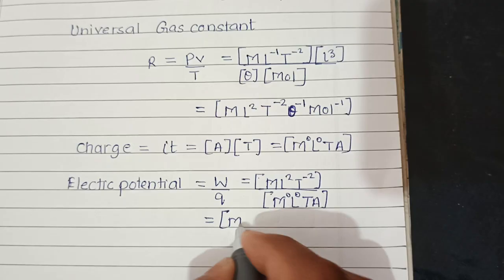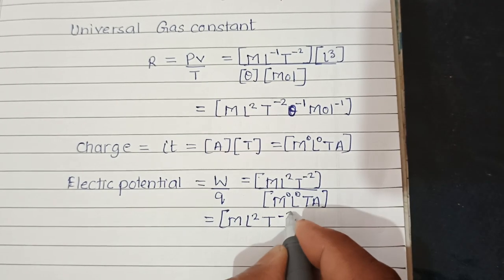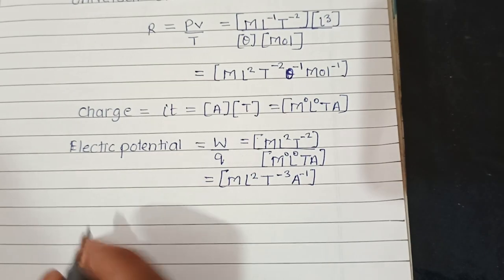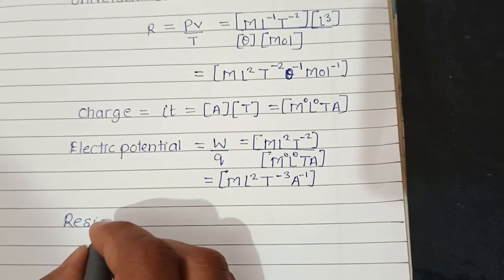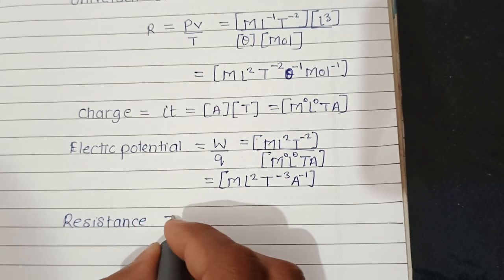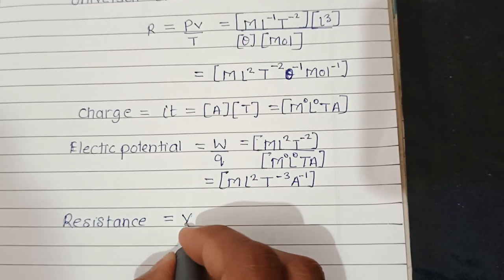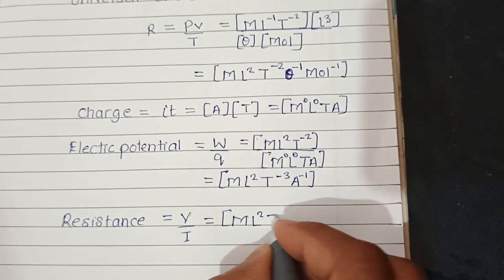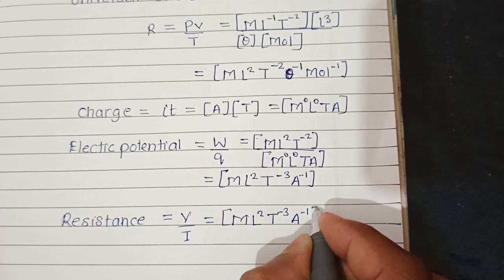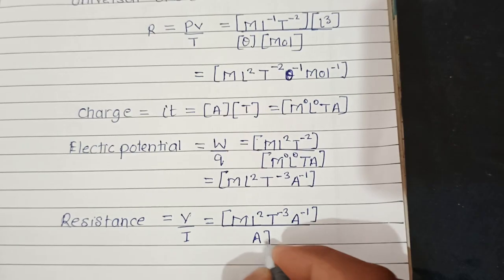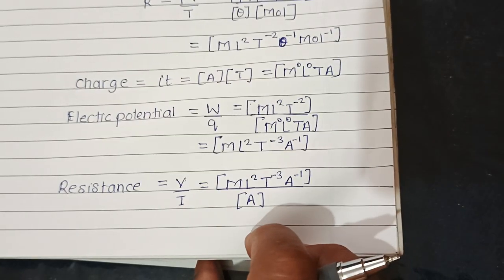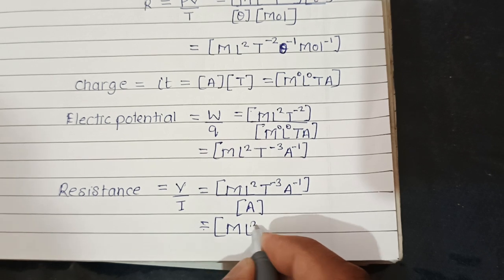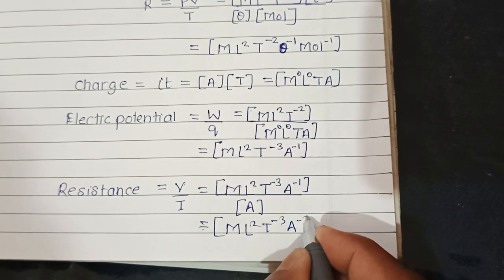M L square T minus 3 A minus 1. Resistance: V upon I. V is M L square T minus 3 A to the power minus 1, and I is A. So we get M L square T minus 3 A to the power minus 2.